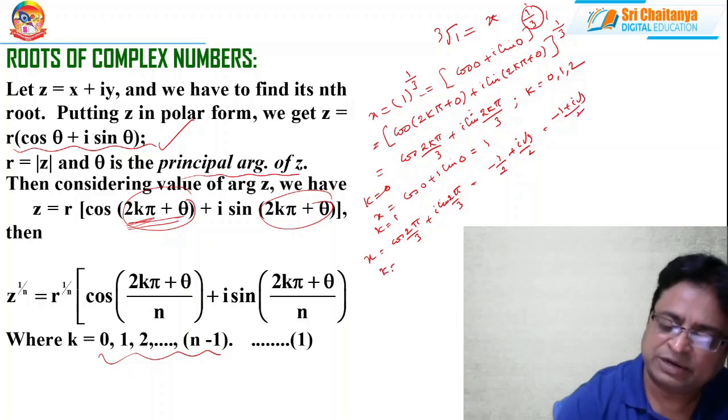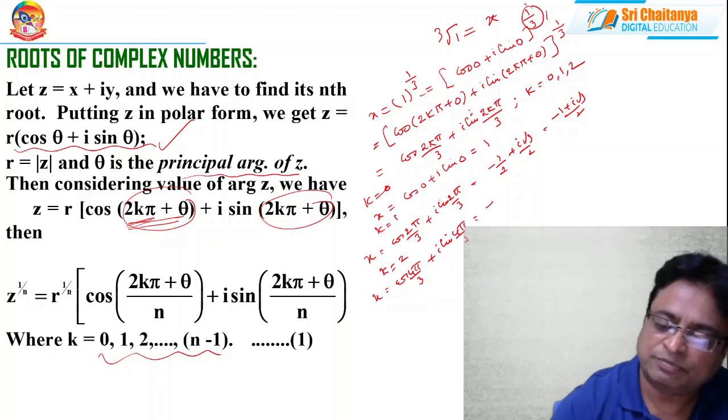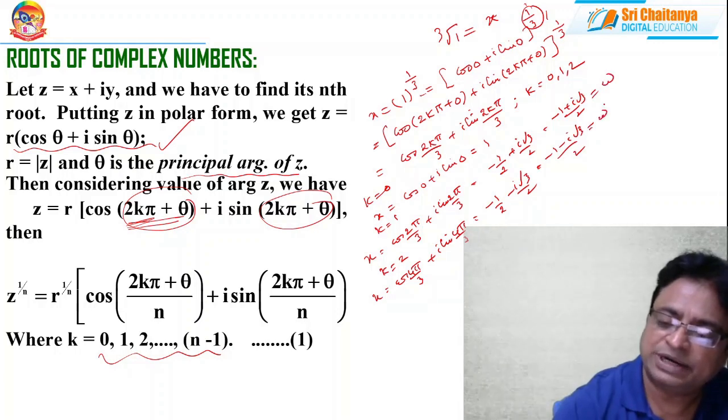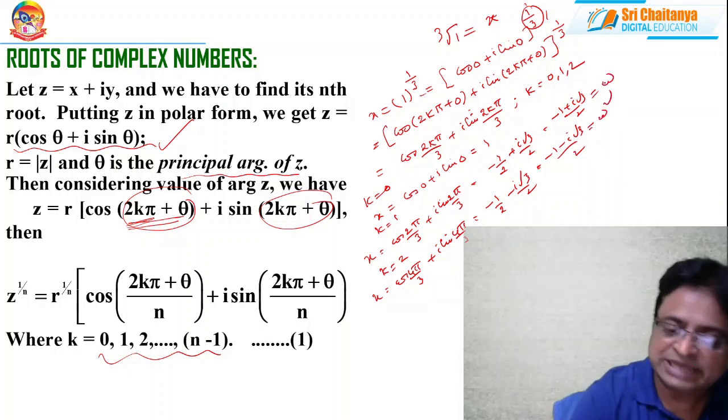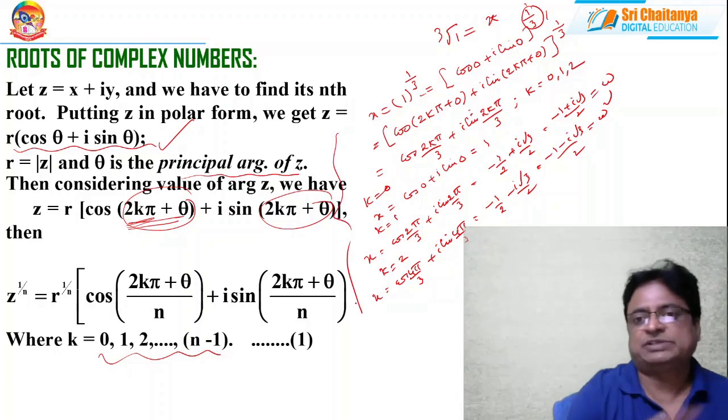And if k is equal to 2, x is equal to cos 4π/3 + i sin 4π/3, which is minus 1/2 minus i√3/2, that is (−1 − i√3)/2. This we call omega, and this we call omega square. The same thing we explained in our previous video.